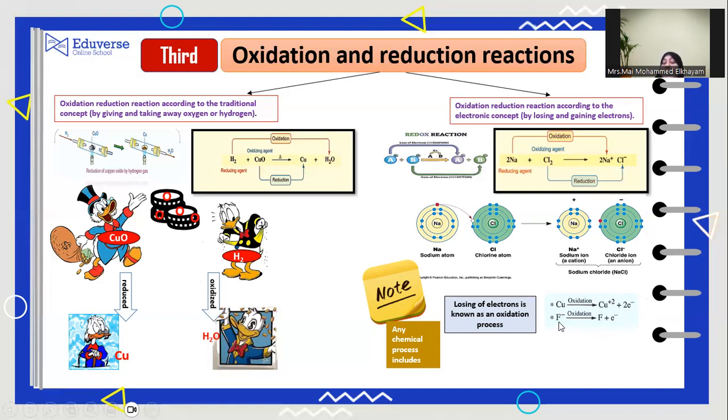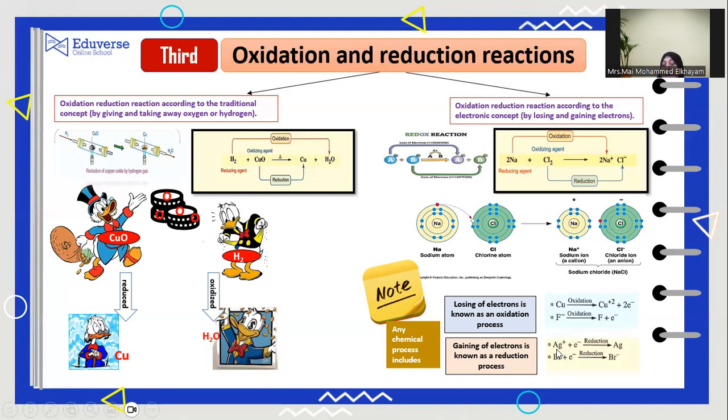Here the fluoride ion will be changed into fluorine again. Fluoride ion is negative. To become neutral, it has to lose this excess electron. Losing electrons again means oxidation. Also, the chemical process which includes gaining of electrons is known as a reduction process. Like what?